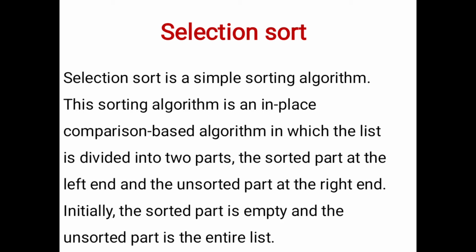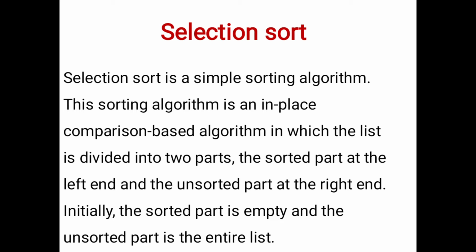Okay, to recall this concept: if you have a list of elements, first divide it into two parts, one is the left and the other is the right. The left end part is the sorted part, and the right end part is the unsorted part.